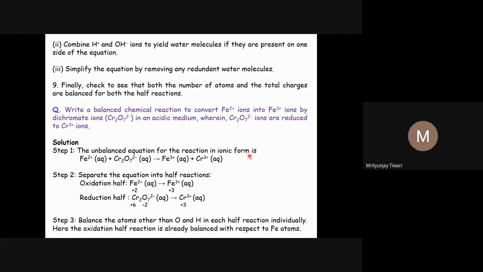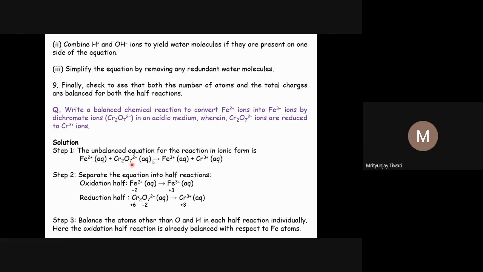Now let us go and solve this problem. In the first step, we write the unbalanced equation for the reaction in ionic form. The reactants are the Fe2+ ion and the dichromate ion, both in aqueous form, dissolved in water.